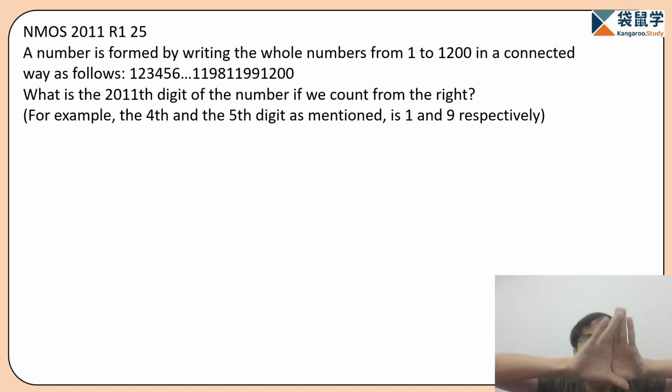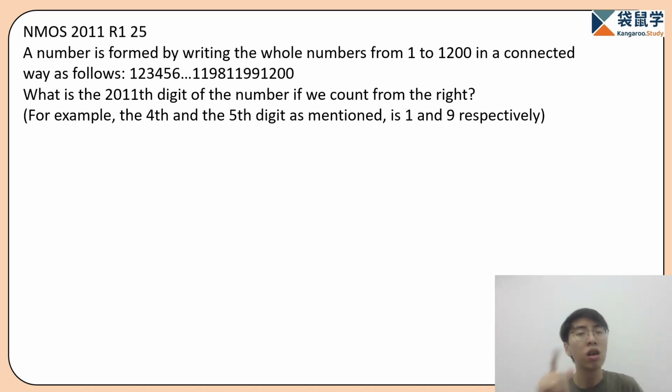Oh, we have such a large number. And the question wants us to find what is the 2011th digit of the number if we start counting from the right. So actually, a lot of you will find this question difficult.